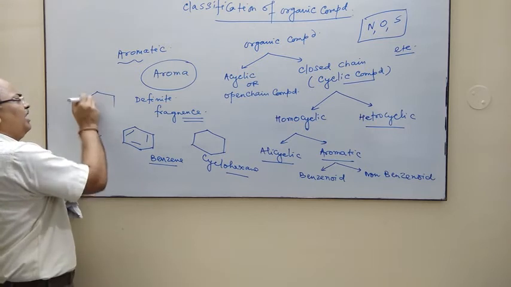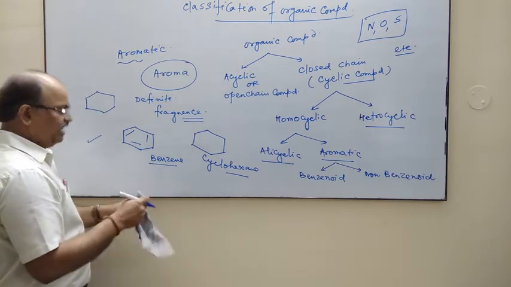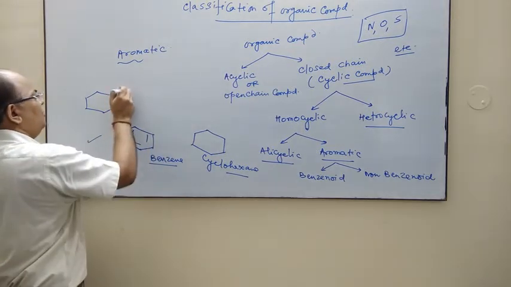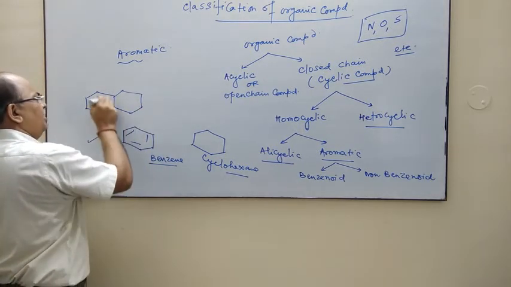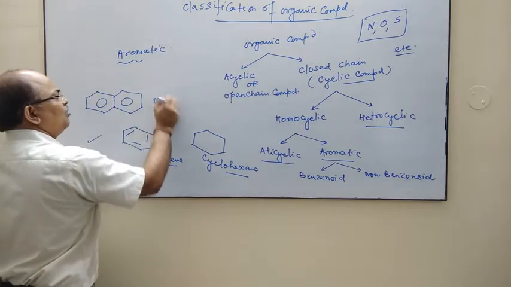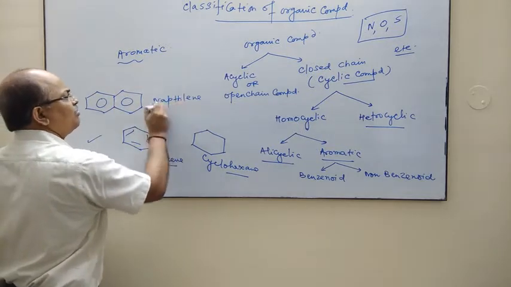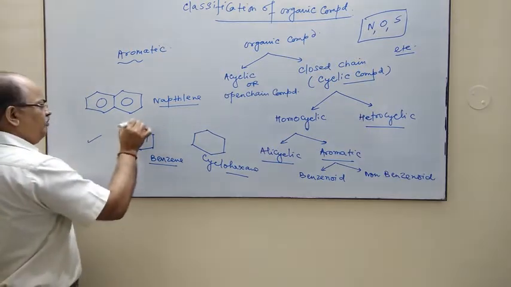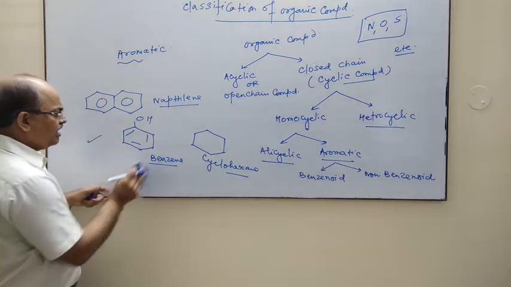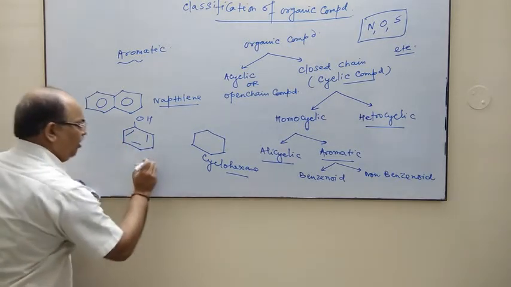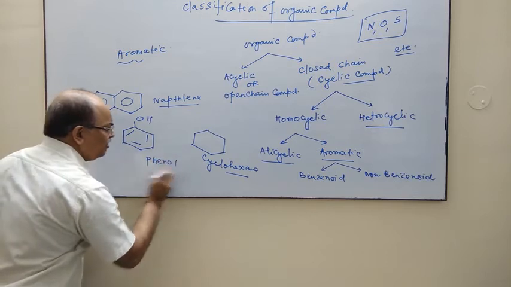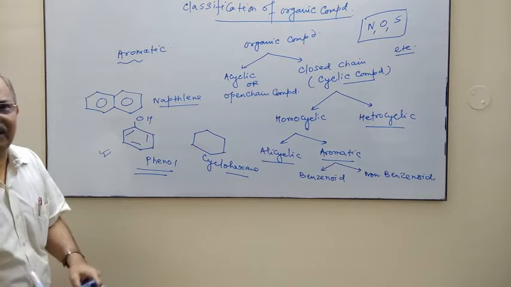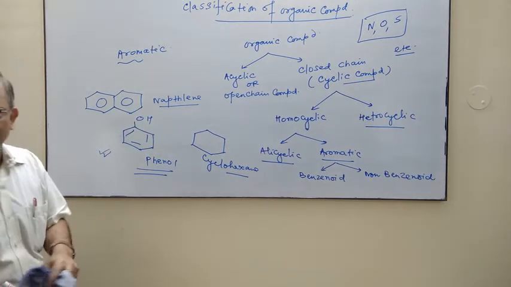Similarly, if we write a compound like this, we can say naphthalene. So this naphthalene is also your aromatic compound. Similarly, if we place OH here, then this compound is known as your phenol. And you know, phenol has a characteristic smell. It is your aromatic compound.